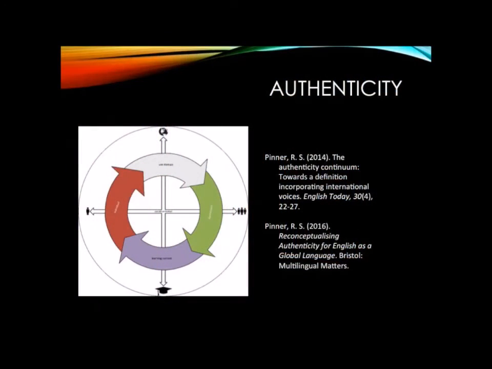So this is kind of what I've been trying to propose, but I turned it into a diagram and a continuum to try and make it easier to understand, because there's 30 years of debate about what authenticity is, and I didn't think it was really being applied when teachers talk about authenticity in the classroom, in the staff room. They'll tend to be using this classic definition, despite decades of scholars arguing against doing so. I think. Okay.